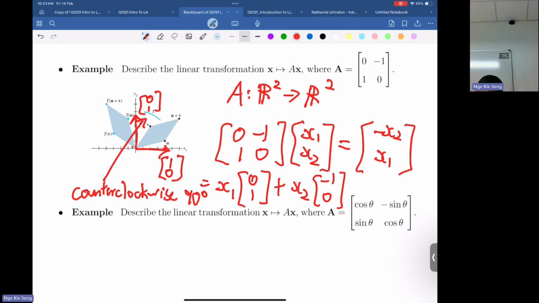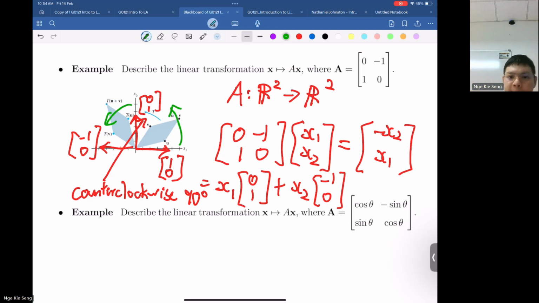Again, a 90-degree rotation. You can check on these simple vectors first, instead of checking that hard picture. So 1, 0 gets sent to 0, 1, and 0, 1 gets sent to negative 1, 0.